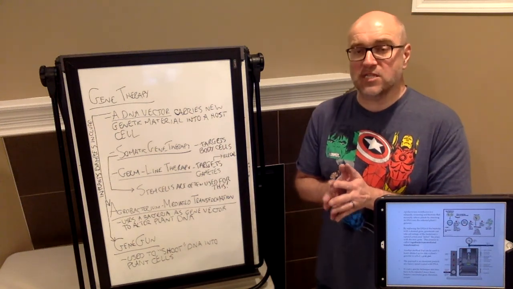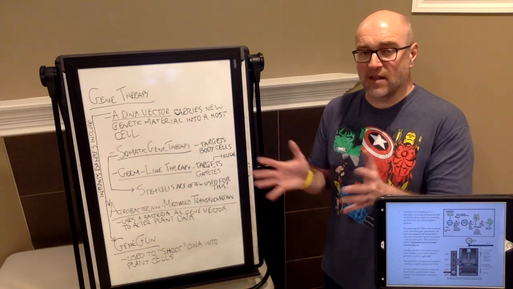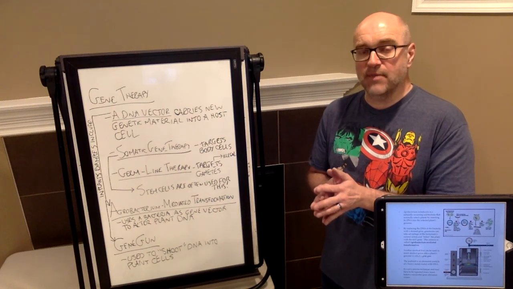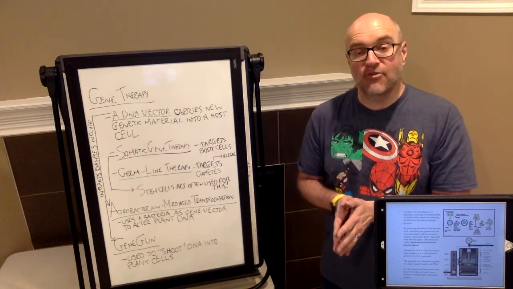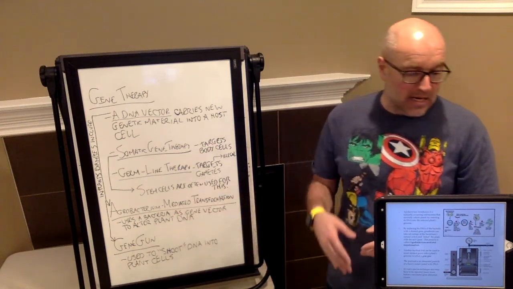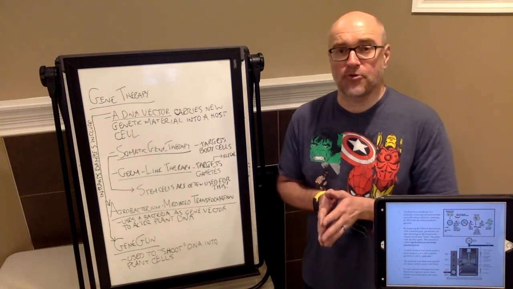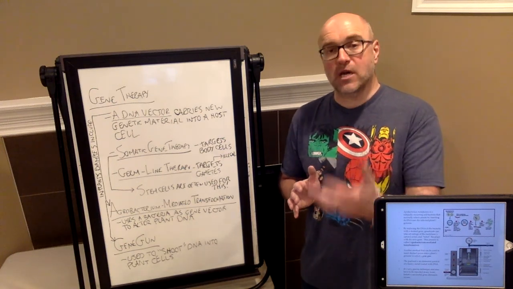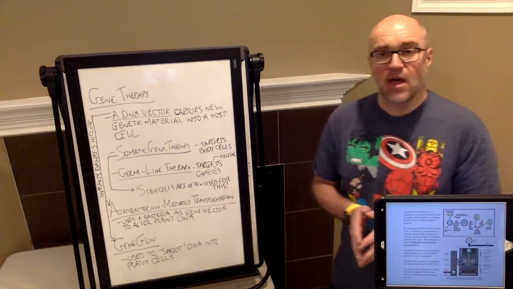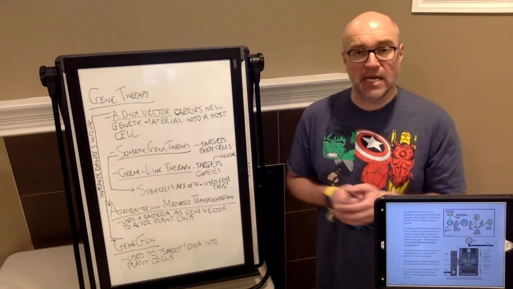We're using a bacterium to actually invade the cells of the plant to add the DNA to the plant that we want to add. And this could also be used in not just gene therapy, but also to perhaps introduce genes from other organisms. So this could also be used as a way to create recombinant DNA as well.